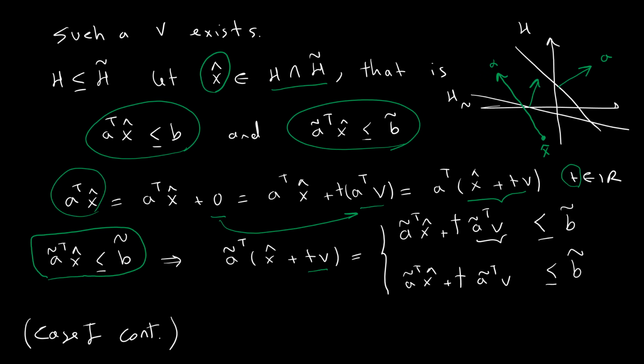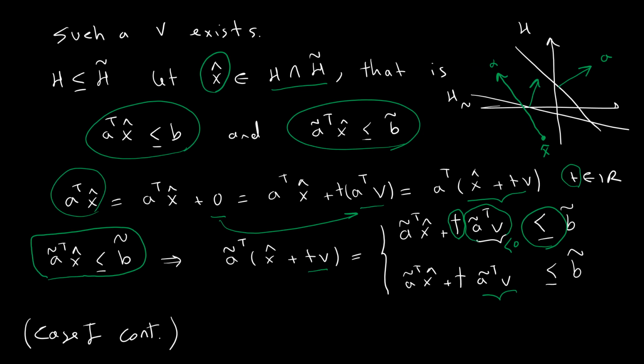When A tilde transpose times V is less than 0, then I can pick a t less than 0 and find a t as small as I want to violate this inequality.